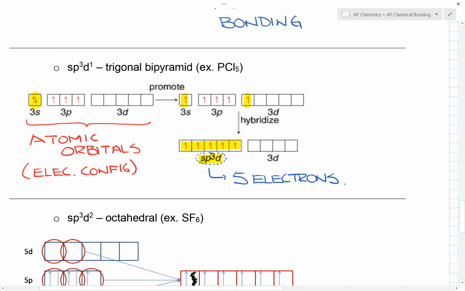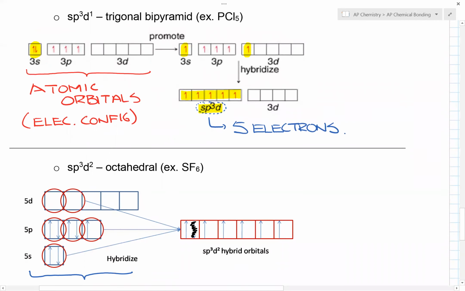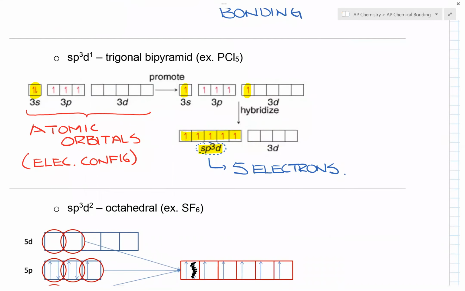And again, for the octahedral, you have for sulfur, here you have regular sulfur, the atomic electron configuration for sulfur. Well, it's not sulfur. This should be 3, sorry. My pen's out of ink again.